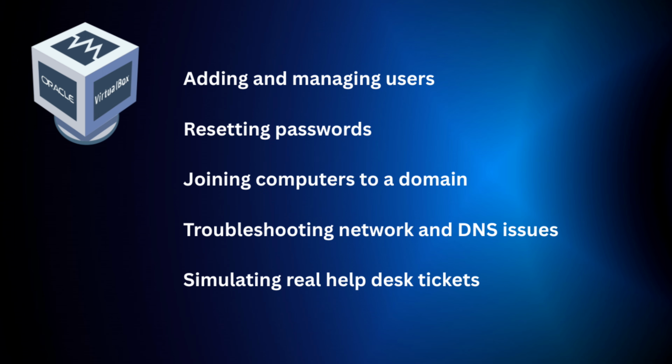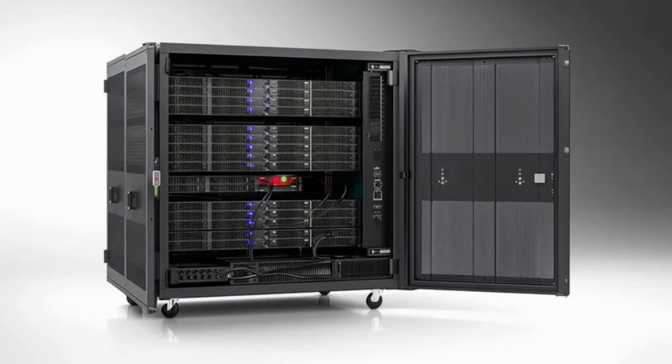These machines can talk to each other just like a real office network. You'll be able to test things like adding and managing users, resetting passwords, joining computers to the domain, troubleshooting network and DNS issues, and simulating real help desk tickets. In other words, you will have a mini data center running on your home PC. And yes, we will build all of that in this series.